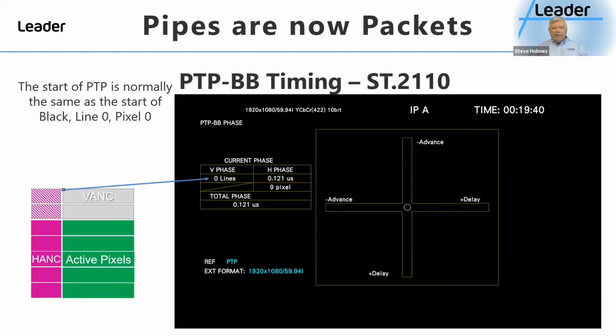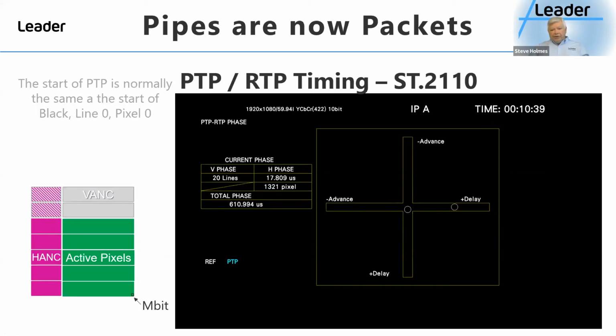So we can look at and see that our PTP is perfectly in sync with our house. In this case, this was looking at tri-level coming in at 1920 by 1080 and looking at the PTP and seeing what the offset was between those two. So PTP to Black Burst phase.